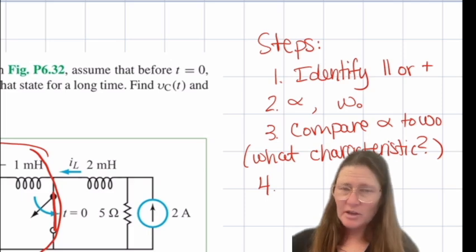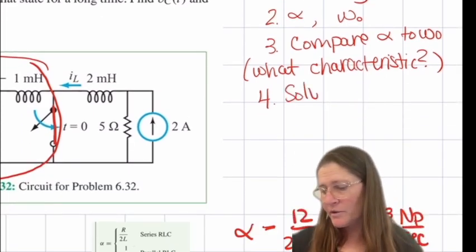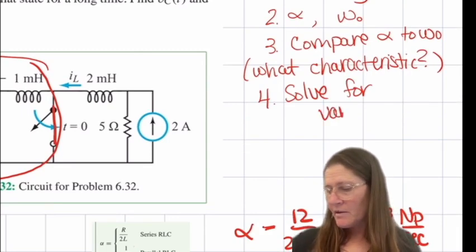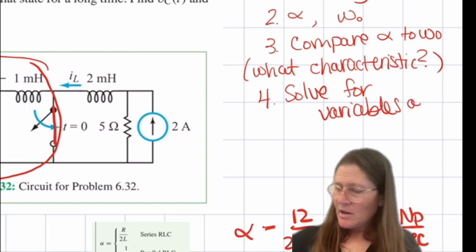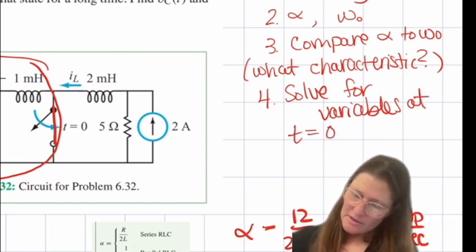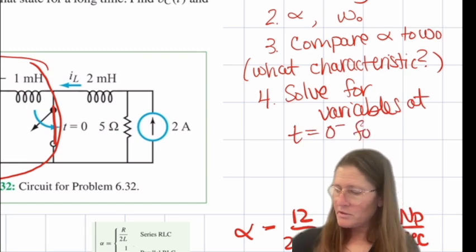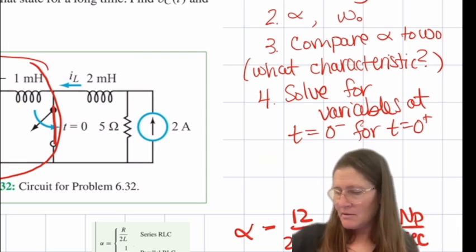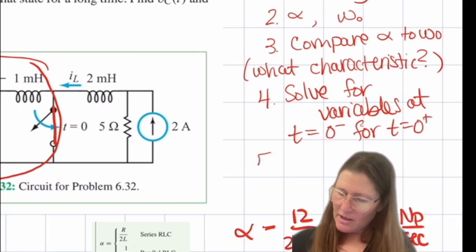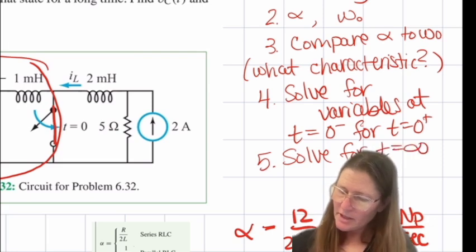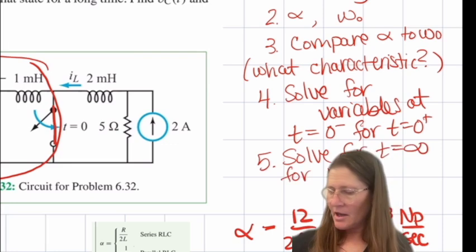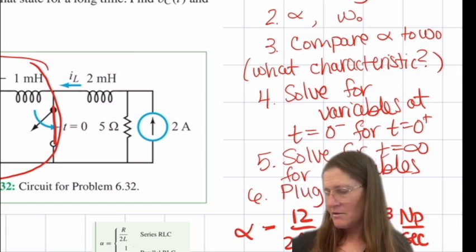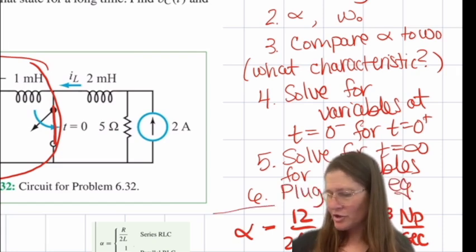And then from there, you're going to solve the circuit, solve for variables at t equals 0 minus, at t equals 0 plus, and the last one is solve for t at infinity for the variable, and then plug into the equations. So those are your steps you're going to take.